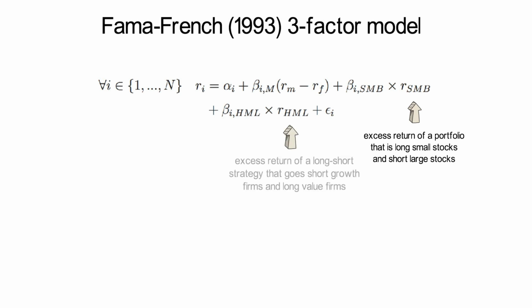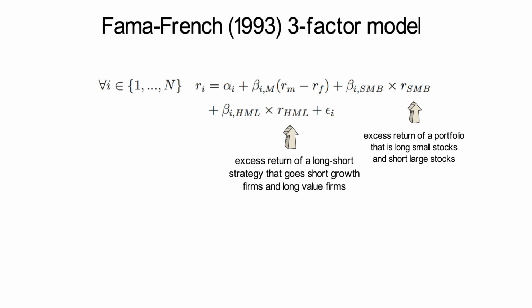The term RHML is the excess return of a long-short strategy that goes short growth firms and long value firms. Notice here, as these factors are excess returns, the sample average is often used as a measure for the expected factor premium.